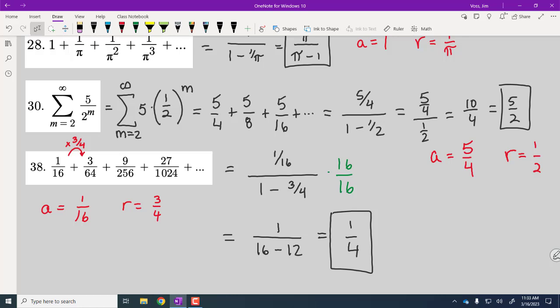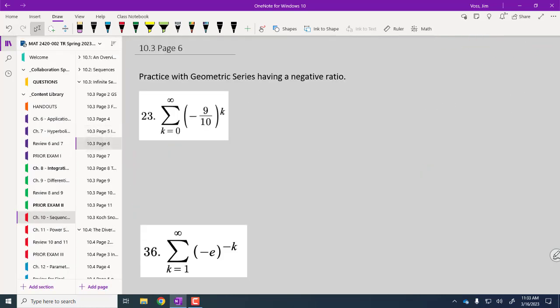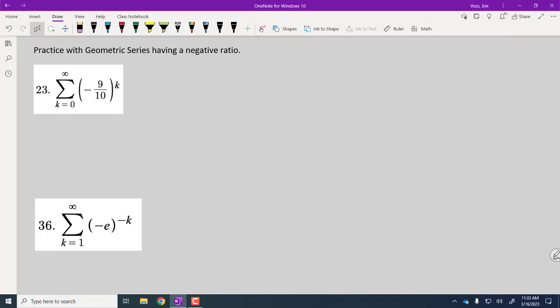So these, again, are super helpful because we can actually find S. That's what's helpful about them. Okay, is this series going to converge? Yes.